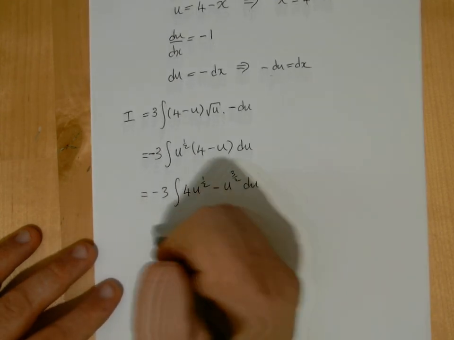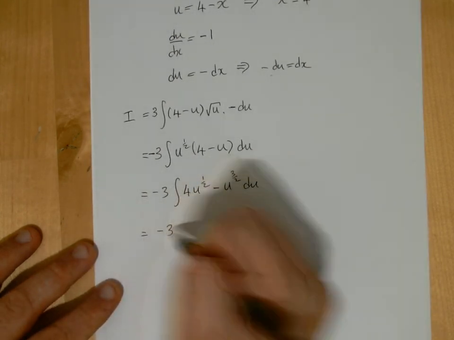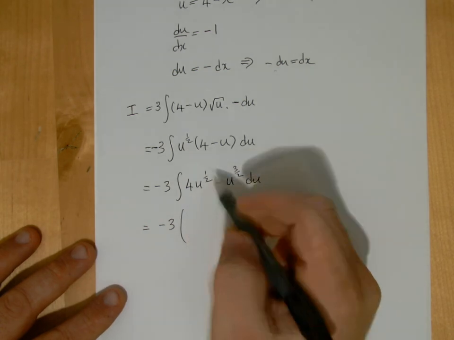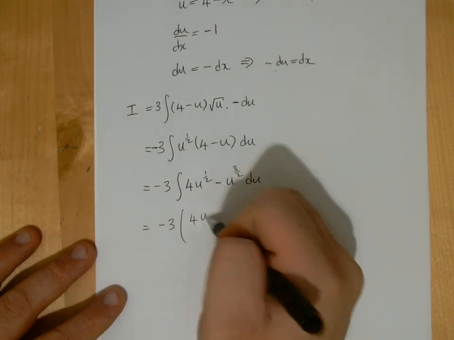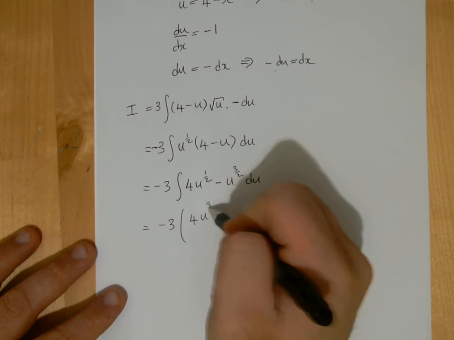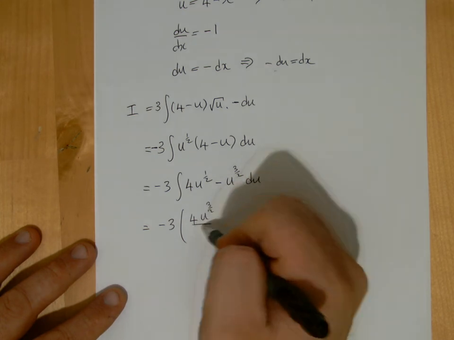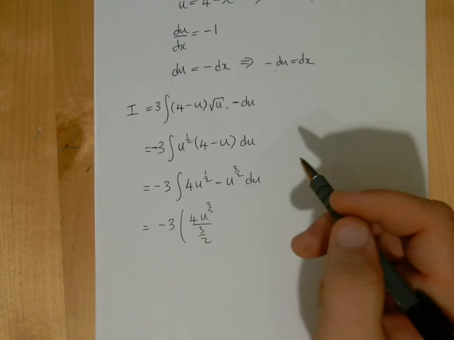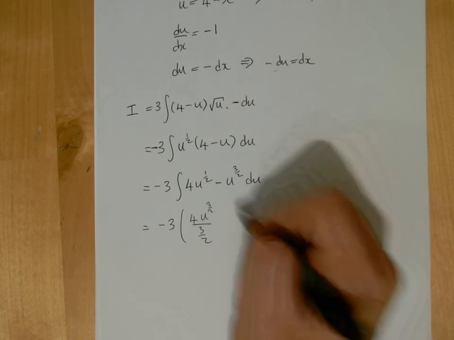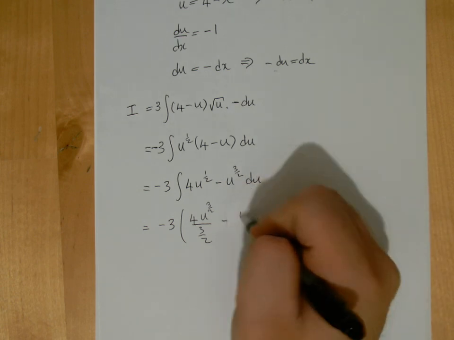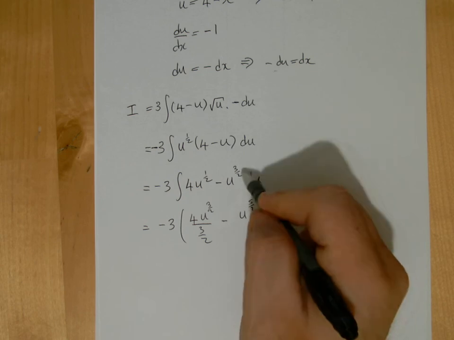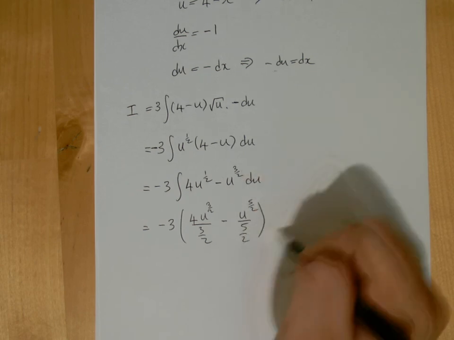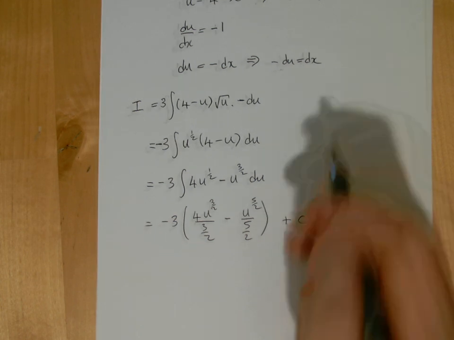We then integrate. So we've got minus 3, bracket. When I integrate, remember you add 1 to the power, so add 1 to half, you get 3 over 2, and divide by 3 over 2. And then this one, minus u to the 5 over 2, because when you add 1 to 3 over 2 you get 5 over 2, divide by 5 over 2, plus then your constant.